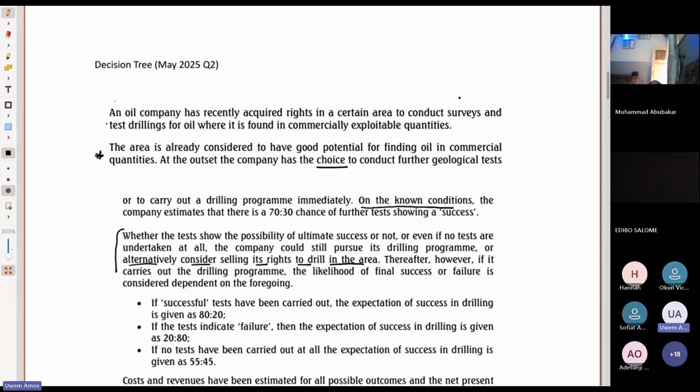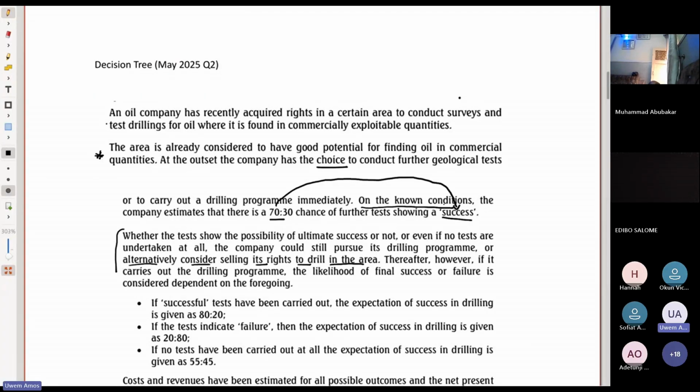So when they carry out the test, the company estimates that there is a 70 to 30% chance of the test showing a success. Now pay attention to this. Now it says 70 to 30. Now what this basically means is that 70% is the item or the outcome that is being mentioned here, which is the first value.